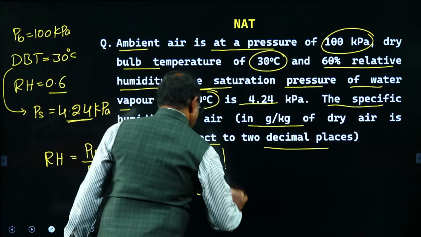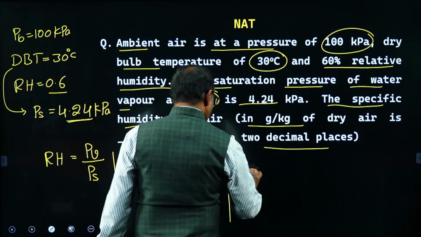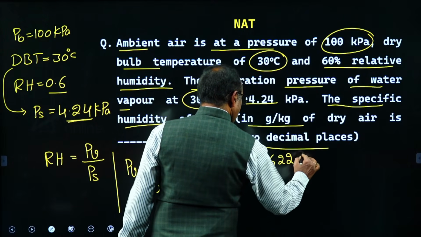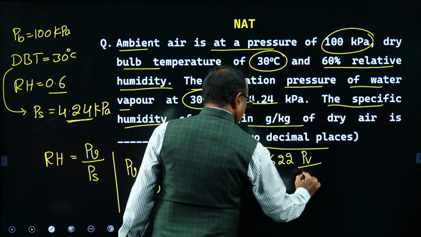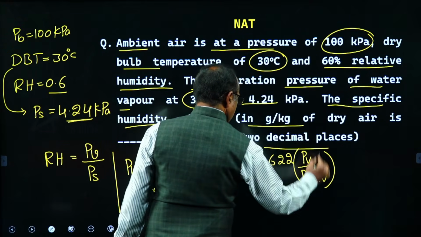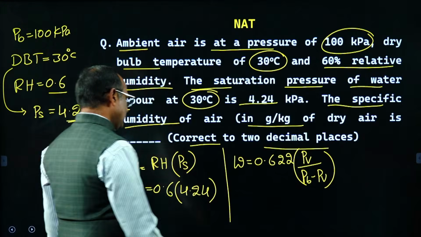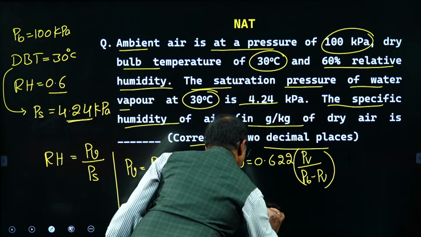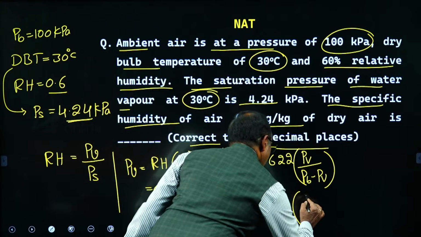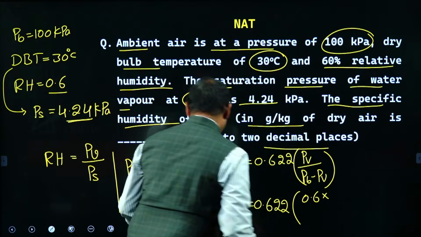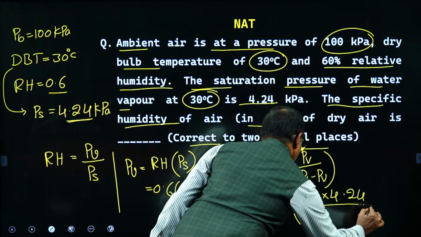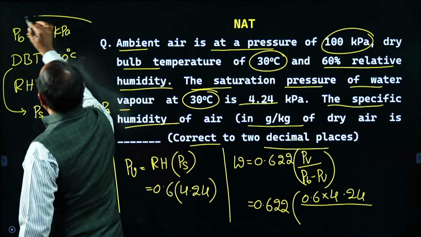Then what is the specific humidity? Specific humidity equal to 0.622 into PV by PB minus PV. Right? It is equal to 0.622 into PV value. PV equal to 0.6 into 4.24, dividing by barometric pressure given 100 kilopascal.